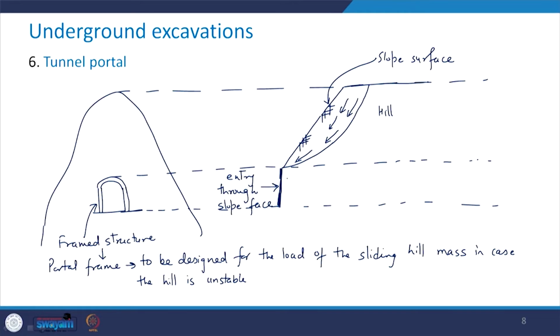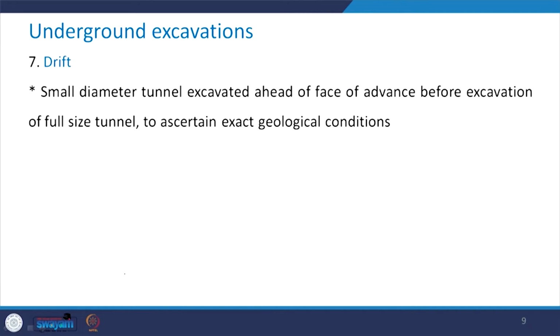So, this kind of frame structure is called the portal frame and also called the tunnel portal. The next one is the drift. Drift is a small diameter tunnel excavated ahead of the phase of advance before excavation of the full size of the tunnel.